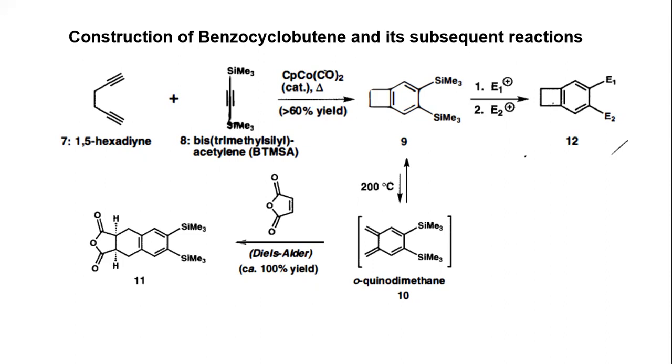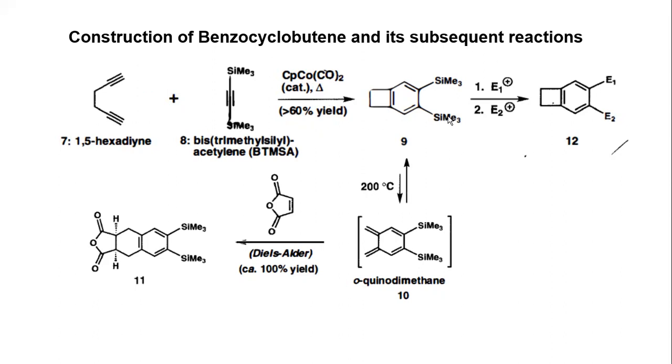So here is 1,5-hexadiene, which is oligomerized, or you can say cyclized, with bis-trimethylsilyl acetylene, which is represented by BTMSA, and cyclopentadienyl cobalt dicarbonyl is used as a catalyst.